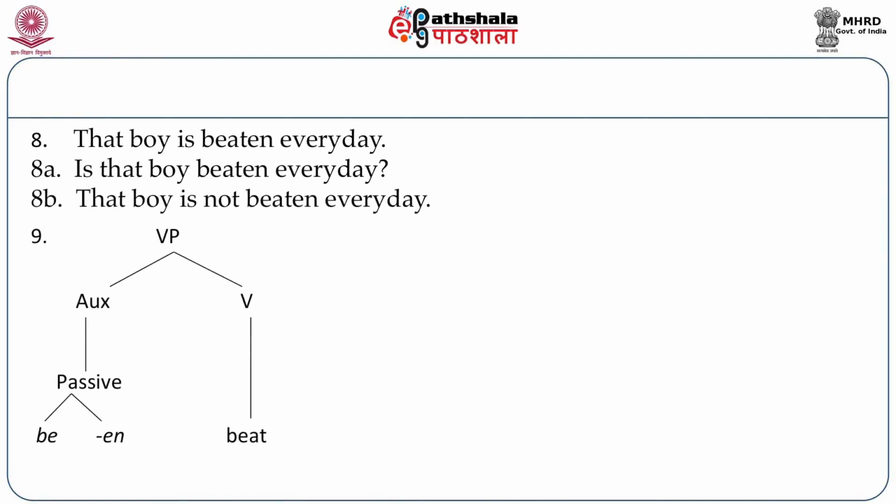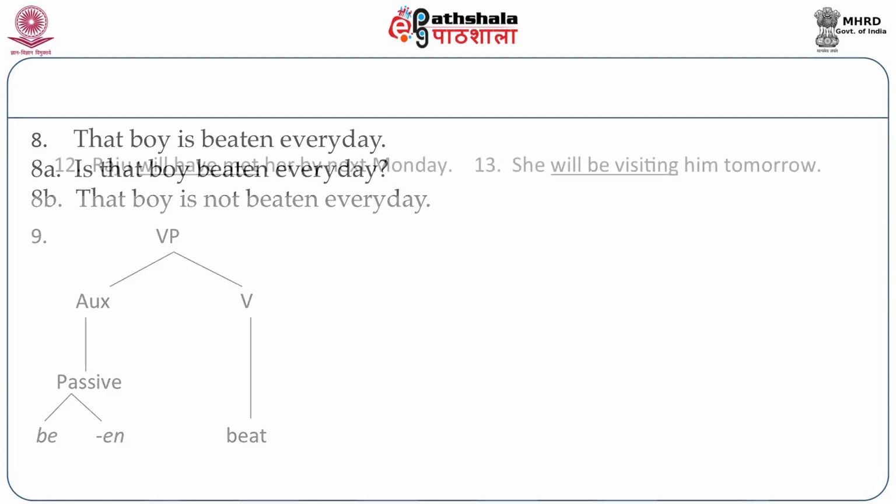And here we say that the passive actually consists of, again, the be verb, which is an auxiliary, and the suffix here is en. So en is again attached to the verb beat, and that is how we get is beaten. As you know, be verb can be realized as is or are or am, depending on the subject, if the subject is first person or second person or third person, or is it singular or plural.